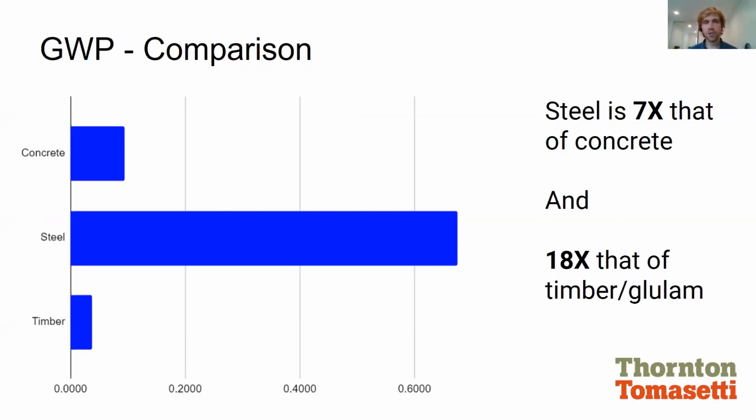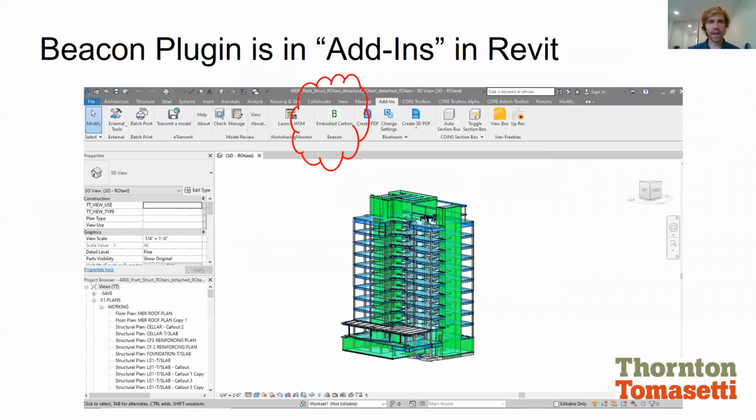So until you do the calculations and run the numbers, really looking just at GWP doesn't tell you a whole lot. So that's what Beacon does. It simply takes material takeoffs from your Revit model, multiplies by GWP factors, and gives you the accumulated sum of your embodied carbon.